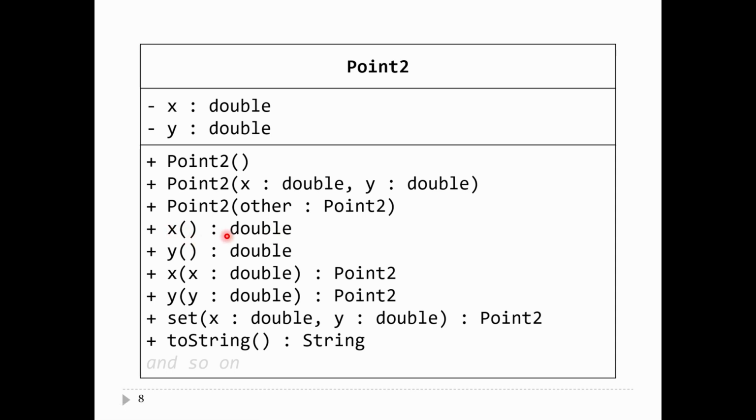So x round bracket, colon double says that the method x returns a double value. Again, the plus sign means that the method is public. So there's nothing complicated about these UML class diagrams. The intent of these diagrams is to convey the relevant information for your class.